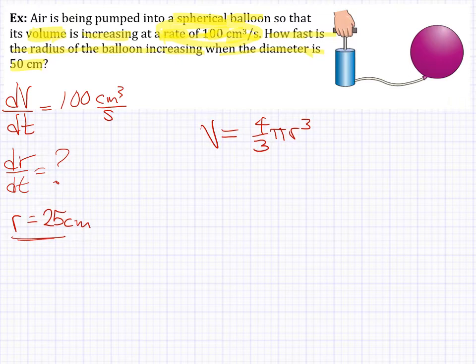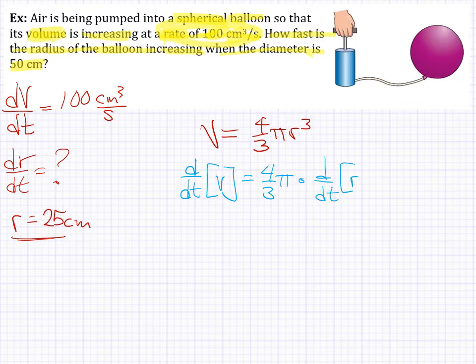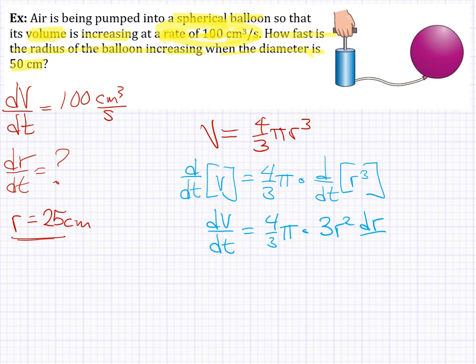So if we took the derivative with respect to t of this equation, 4/3 pi would be a constant multiple. Then with the derivative with respect to t of r cubed, we would get dV/dt equals 4/3 pi times 3r squared dr/dt. And this is, again, implicit differentiation.